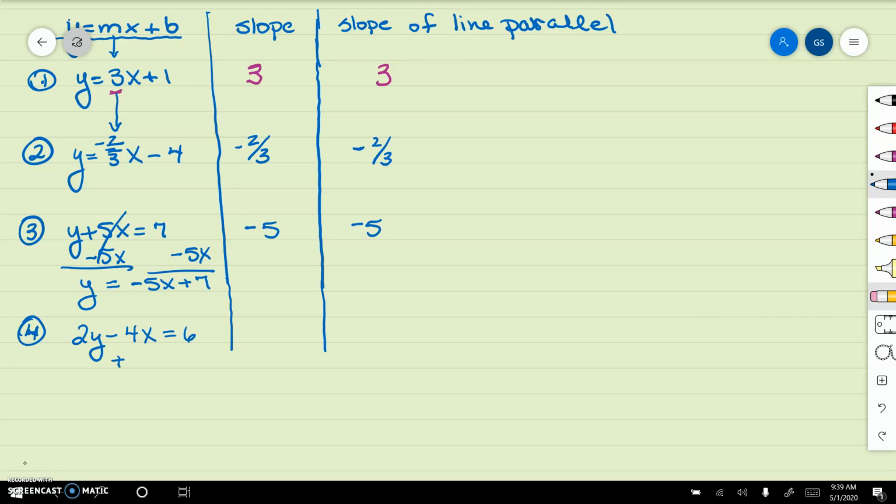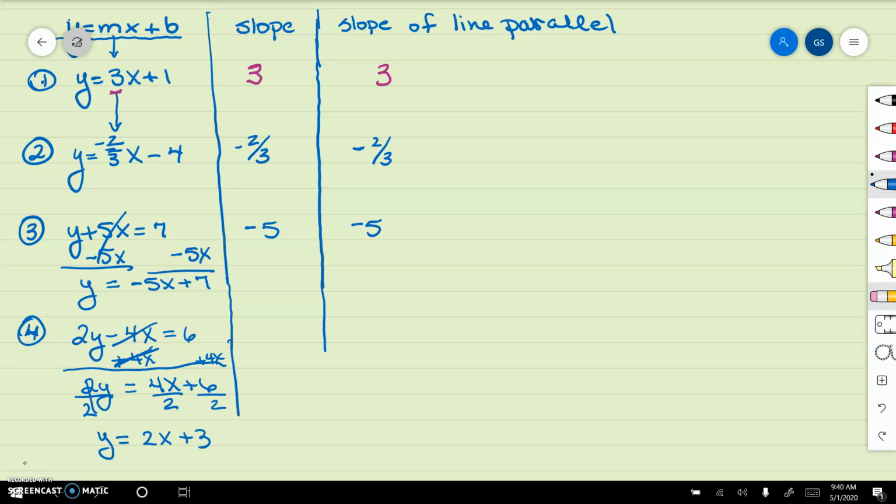First thing we're going to do is move the 4x, so we do that on both sides. 2y comes down. Negative 4x plus 4x is 0, so we cancel those out. On the last one we did this, and we're going to do the same thing. That 4x is going to go first, and then plus 6. Now we're going to divide by 2 everywhere, and you get y equals 2x plus 3.